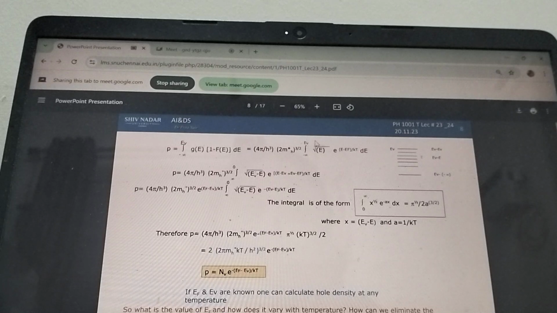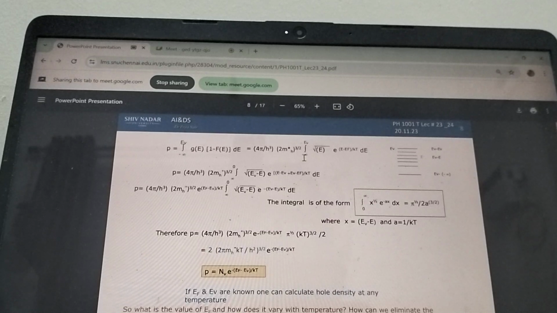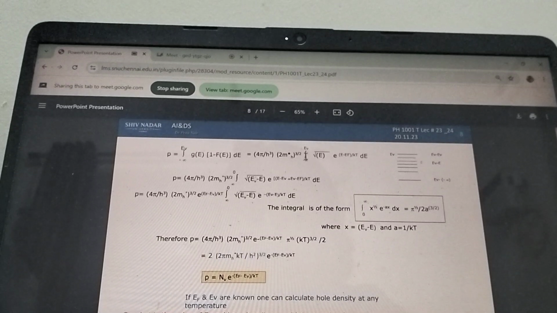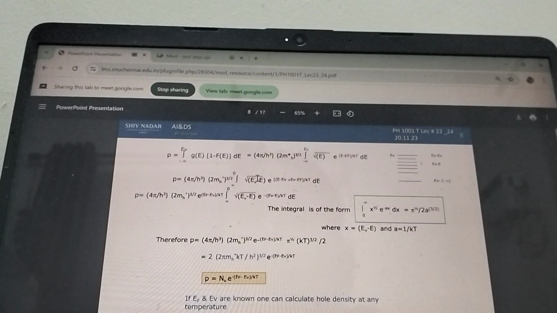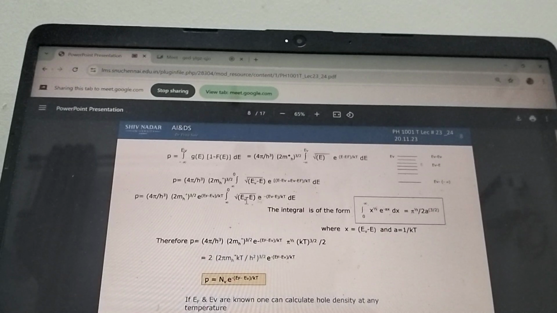Initially, when I just subtract EV, it will be from minus infinity to 0. Now I want to make it go to infinity, so I make it EV minus E instead of E minus EV, and I flip the limits. So this will be from 0 to infinity of the root of (EV minus E) times e to the power, same thing, dE. Again we take out the EF and EV parts because they are constant.